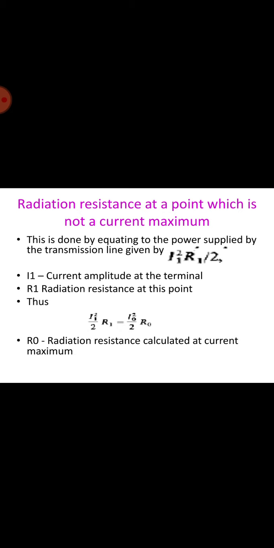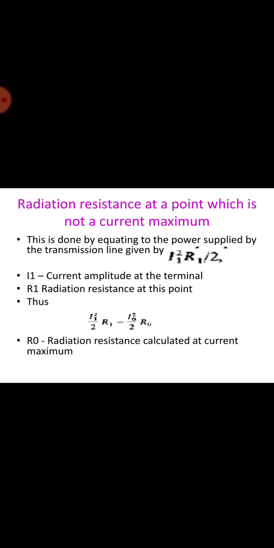This may be done by equating the power I1 squared R1 by 2 supplied by the transmission line, where I1 is the current amplitude at the terminals and R1 is the radiation resistance at this point, to I naught squared R naught by 2.